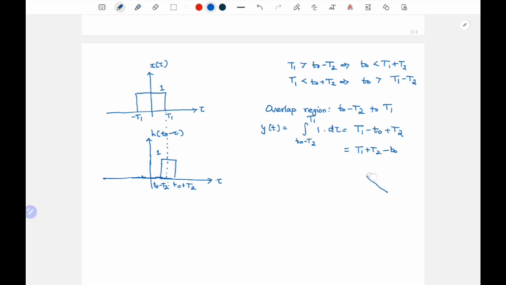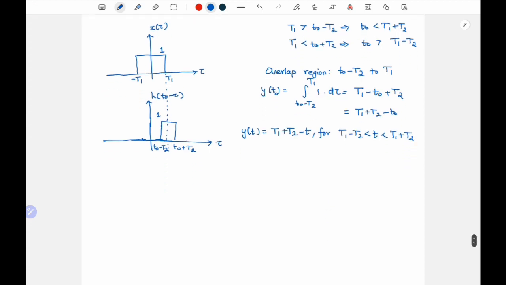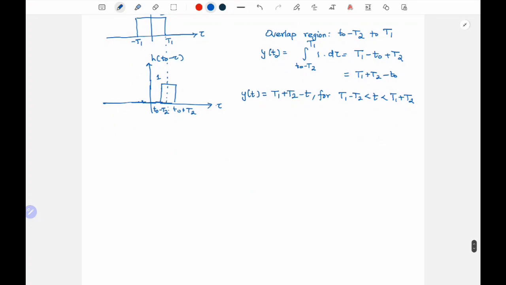This way, it decreases with time. This is y of t naught. So y of t will be t1 plus t2 minus t, and the limits are for t1 minus t2 less than t less than t1 plus t2. We can actually replace t naught with t, like even in these definitions, right? It will just simplify our convention.